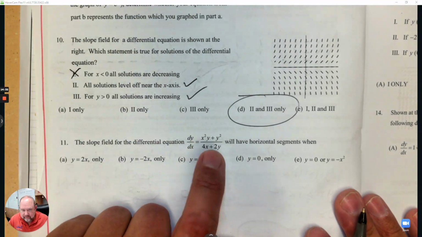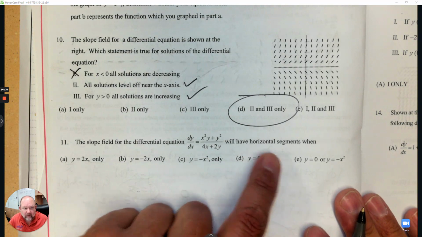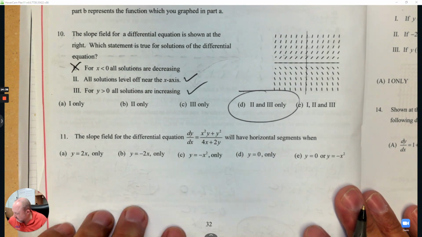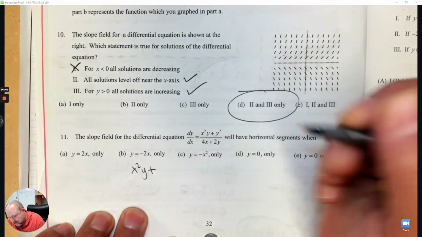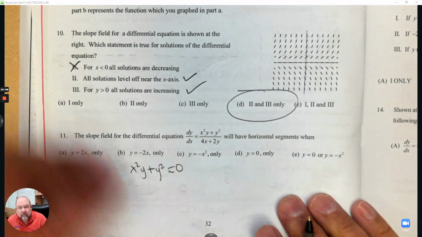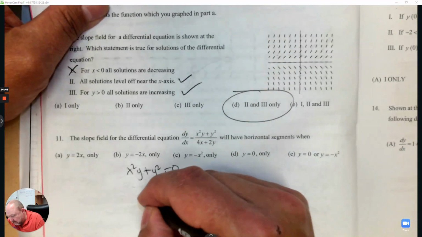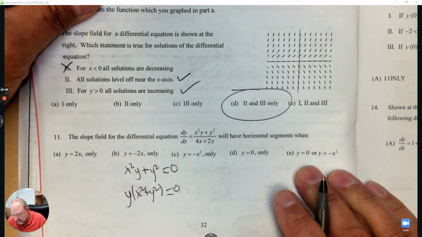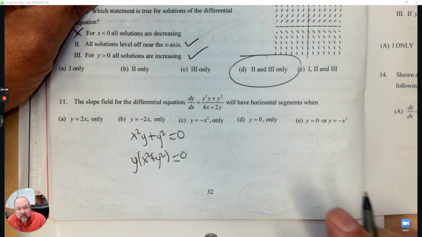The slope field for this will have horizontal segments when, and so that's when the numerator is equal to 0. And so you can factor out y, and you get x squared plus y squared equals 0.